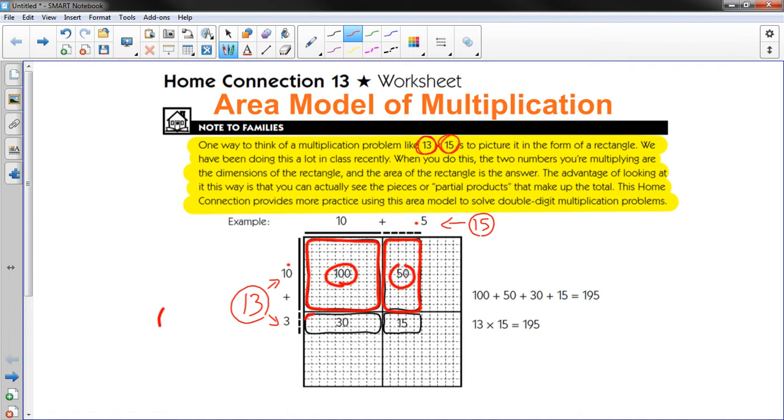And then down here they did 3 times 10 is 30. And then over here they did 3 times 5 is 15. And then they added up those partial products and they got 195. So 13 times 15 is 195. All right, let's do a couple problems together.